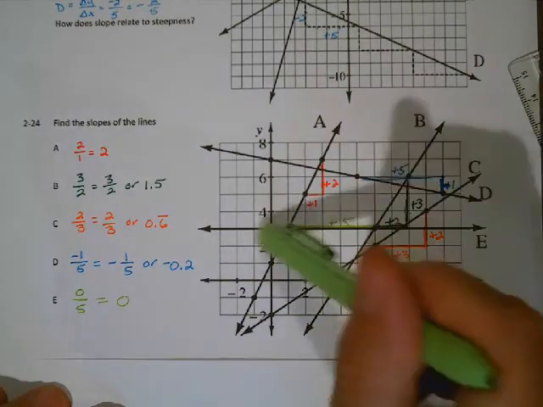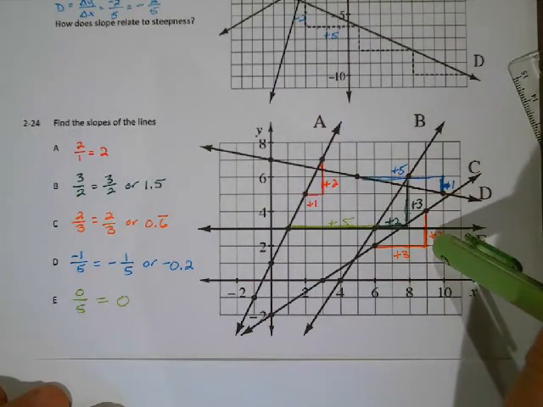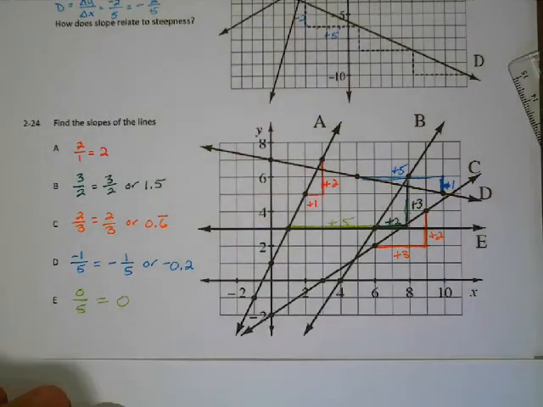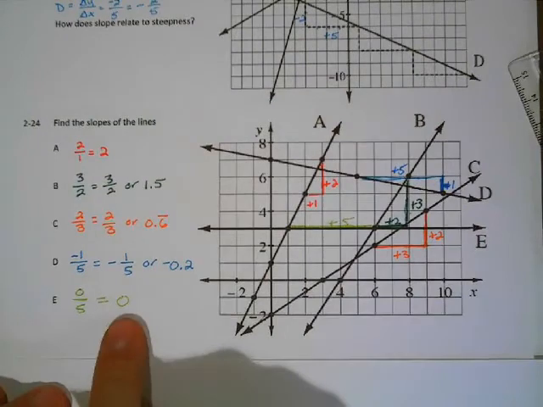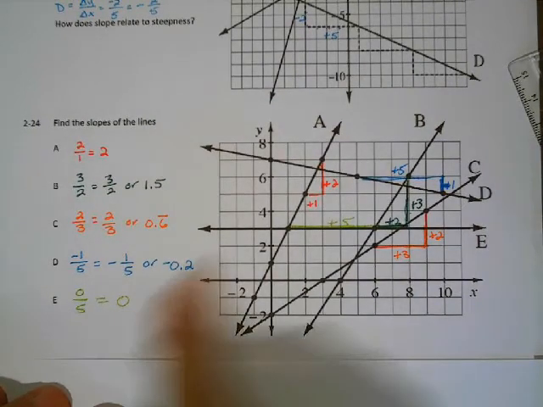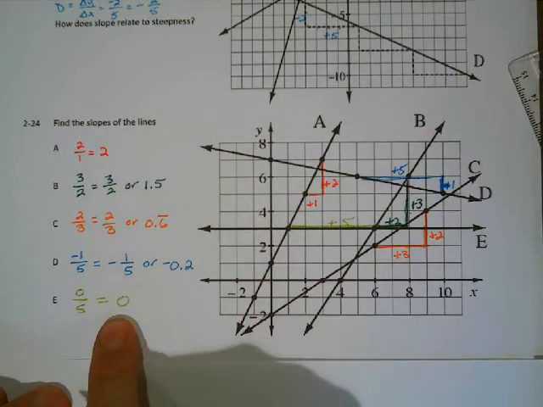And then finally we had E, which was a horizontal line, which does not go up or down, it just stays flat. Now, since slope is talking about how steep the line is, it makes sense that its slope value would be 0, because this has no steepness at all. It's flat. There are no stair steps going here. So no steepness, 0 steepness.